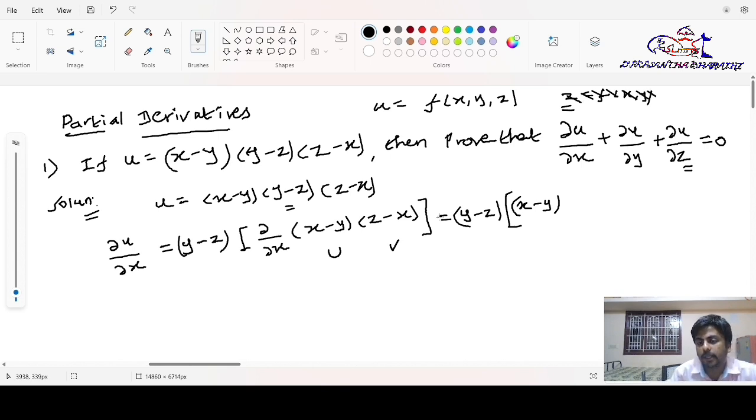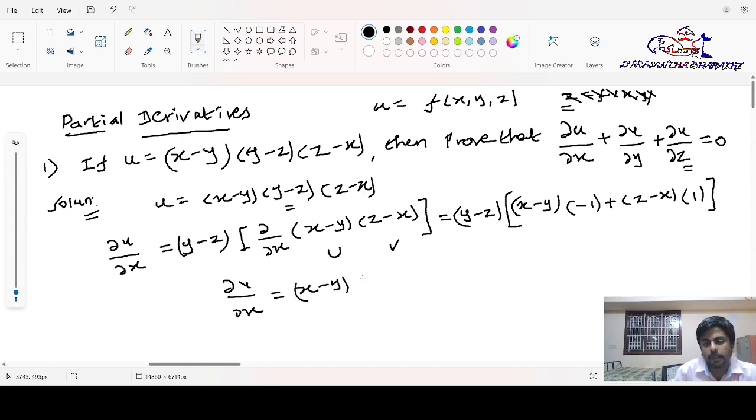So x minus y into z will become 0, x will become minus 1, plus this z minus x will come as it is into x; from x minus y, x will become 1 and minus y will become 0, so that is 1. We can close this. So dou u by dou x equals (x minus y) into (y minus z) into minus 1 is there, so we are taking this minus here.